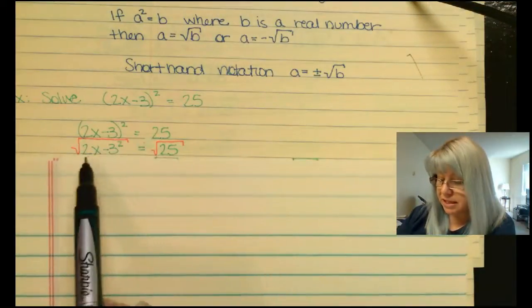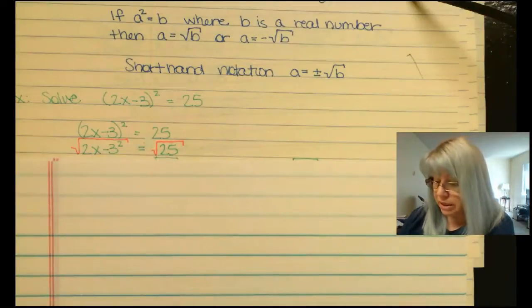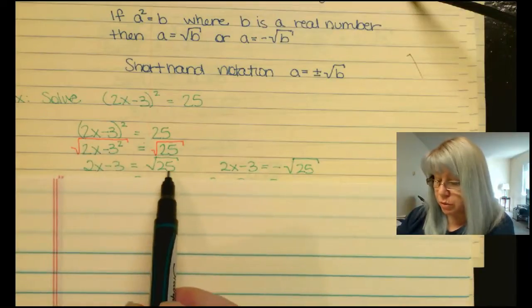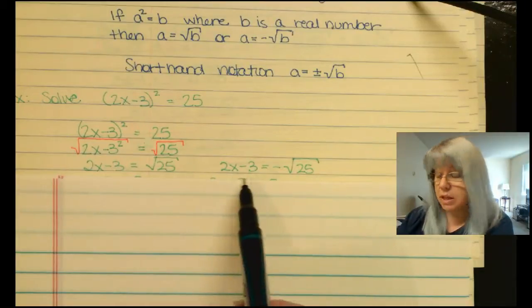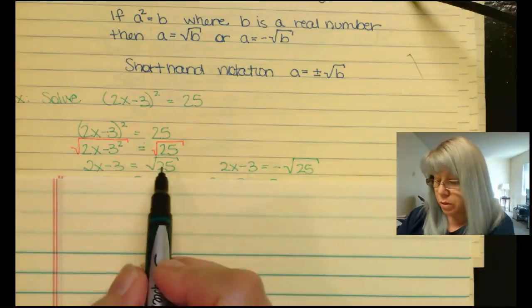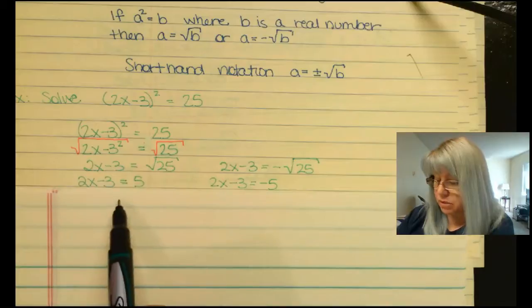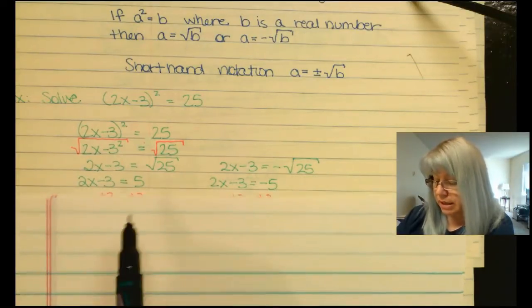First step is to take the square root of both sides. Now that breaks it down into 2x minus 3 equals the square root of 25, and 2x minus 3 equals the negative square root of 25. Well, square root of 25 is 5, so we have 2x minus 3 equals 5. And I'll just work with the left-hand side for now.